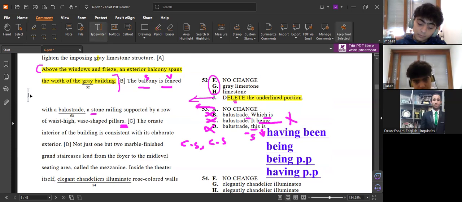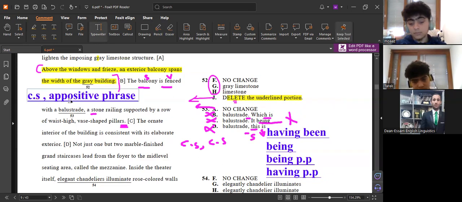Remember, very, very important: it comes complete sentence, comma, appositive phrase. What does appositive mean? Remember, an appositive phrase is from the meaning. Appositive means additional, an additional phrase to describe something before. As he mentioned here, what is a balustrade?